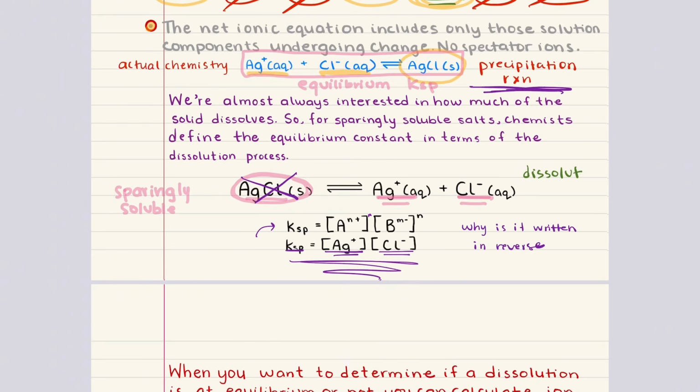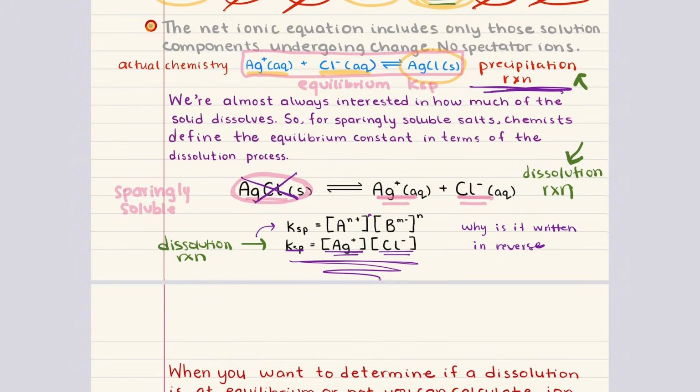So rather than define an equilibrium constant for the precipitation process, we flip the perspective and write the equilibrium KSP for dissolution. If we were to define KSP as 1 over the concentration of silver cations times the concentration of chloride ions, that would give us a large, unhelpful number with poor predictive power.